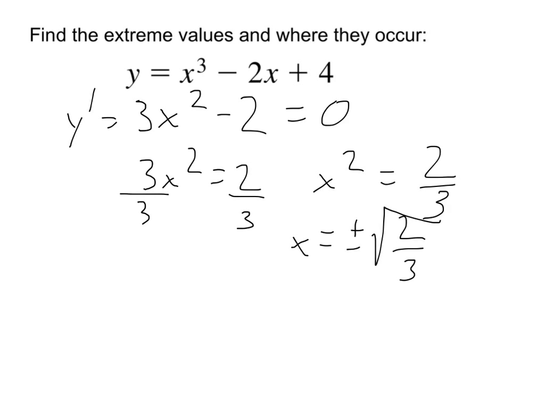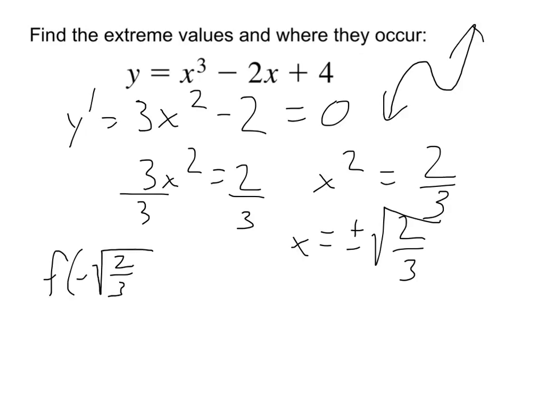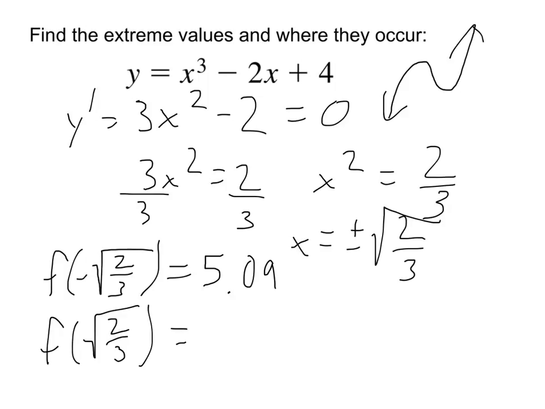Now we know that a cubic function looks like this, so I'm going to call this f. f of negative square root of 2/3 is equal to 5.09, and f of positive square root of 2/3 is equal to 2.91.